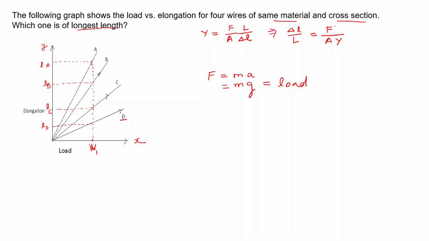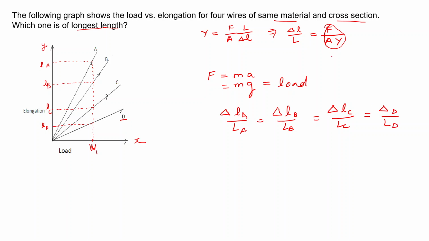So this is constant because it's the same for all the materials, and if I'm keeping the force also the same, then all this is a constant. What we see is delta L upon L: for A wire it is this, for B wire it will be this, for C wire, D wire.